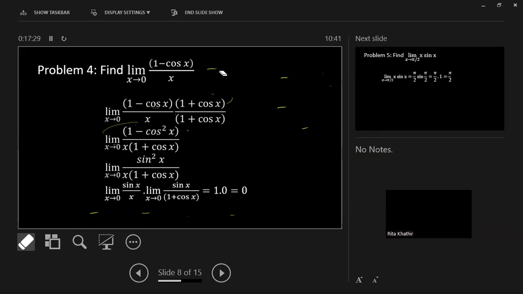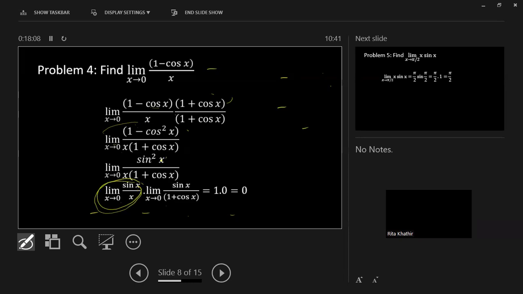At this point, we remember the rules from our second meeting, I think. If we have limit x approaches 0 of a multiplied by b, you can put it separately: limit x approaches 0 of a multiplied by limit x approaches 0 of b. So in that way, we do this here.